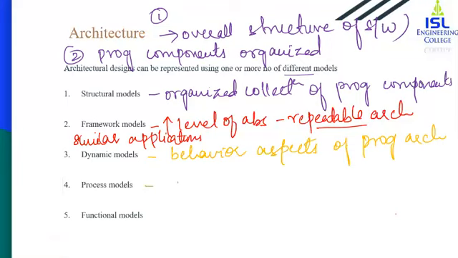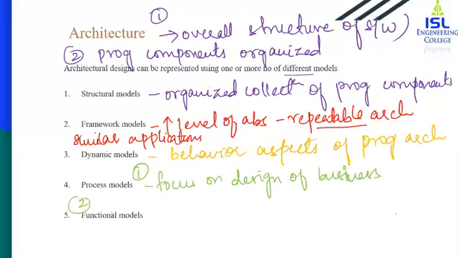The next is process models. Within the process model, the focus is upon the design of the business. That is, whenever you are designing a particular product, you are going to identify how it is going to affect the business, whether you are going to have profits, whether you are going to have losses, how you are going to make ends meet. The first thing is to focus upon the design of the business, or the second thing is to identify and focus upon a specific technical process.